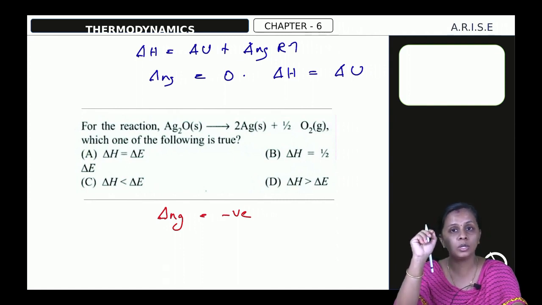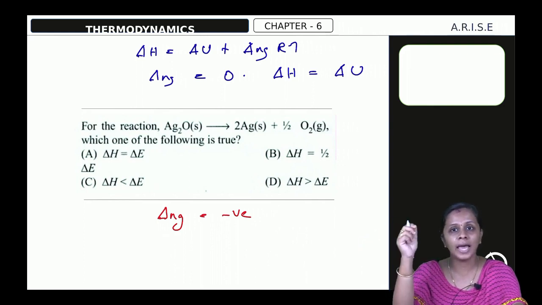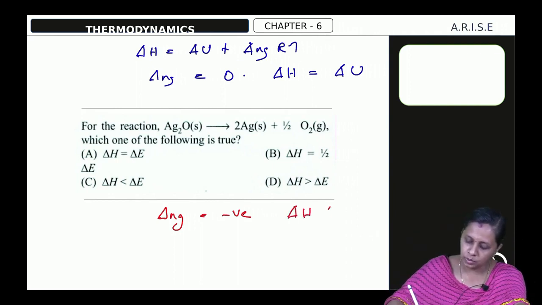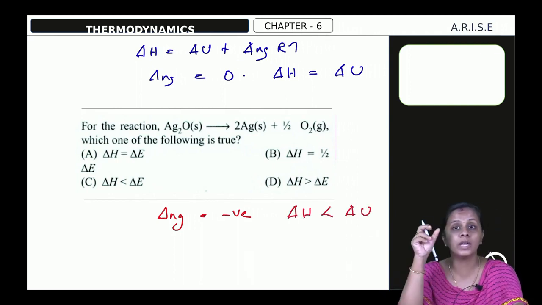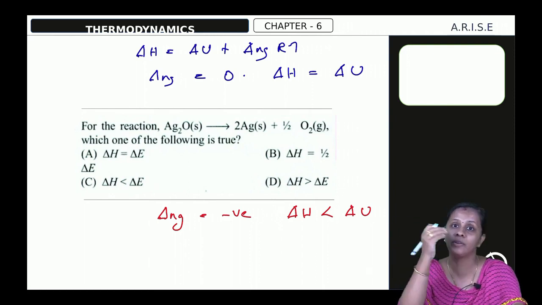Delta H is equal to delta U minus something. So what will be the situation of delta H? Delta H will be less than delta U, right? So we are subtracting something from delta U.